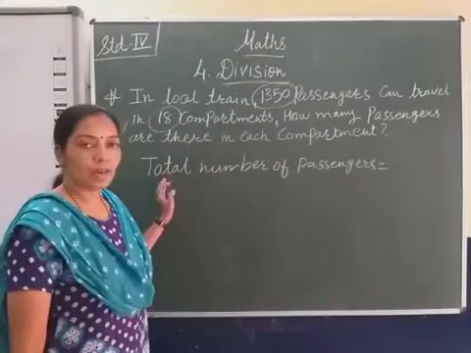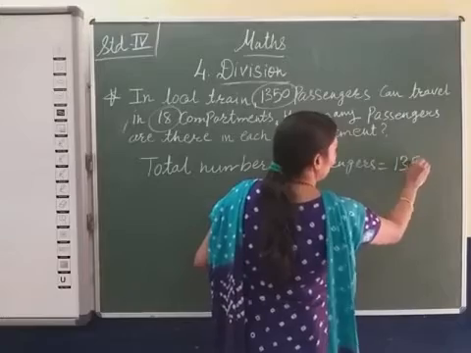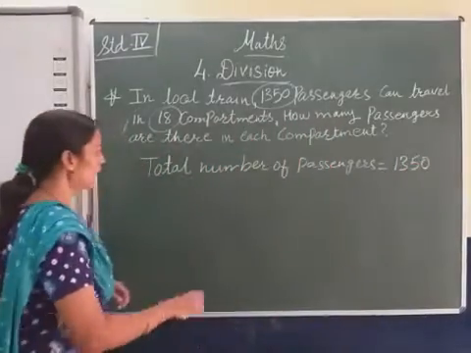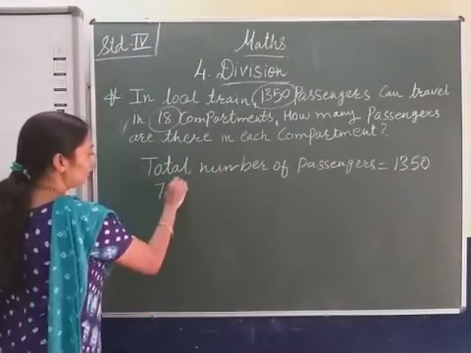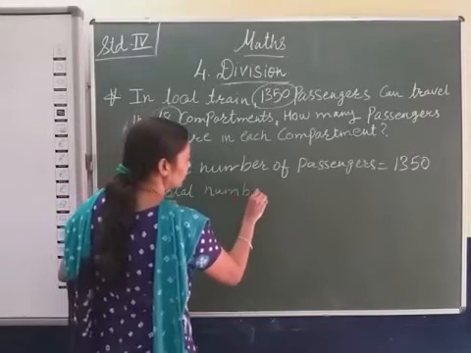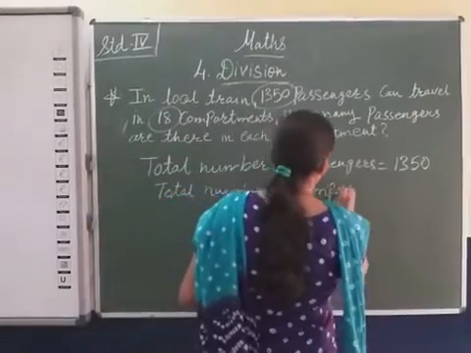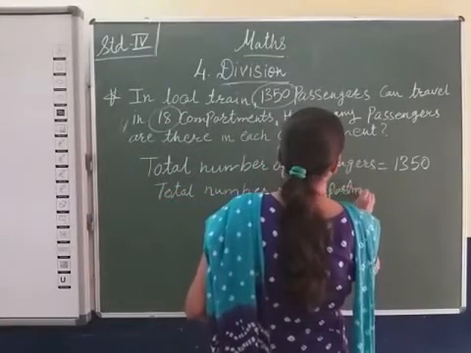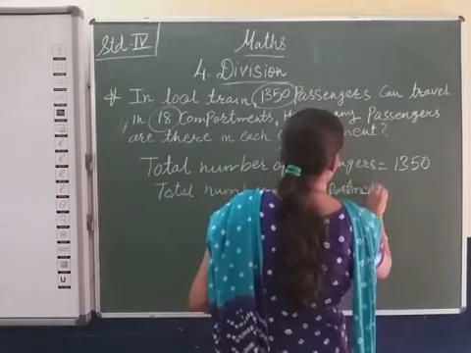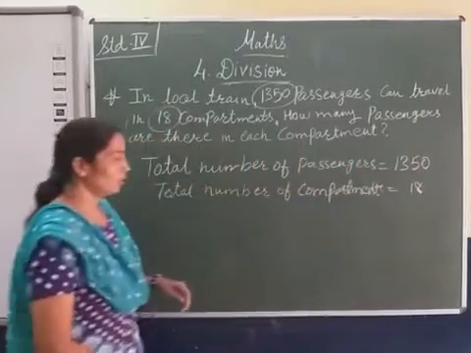Here first we write total number of passengers, 1350, and total number of compartments, 18.